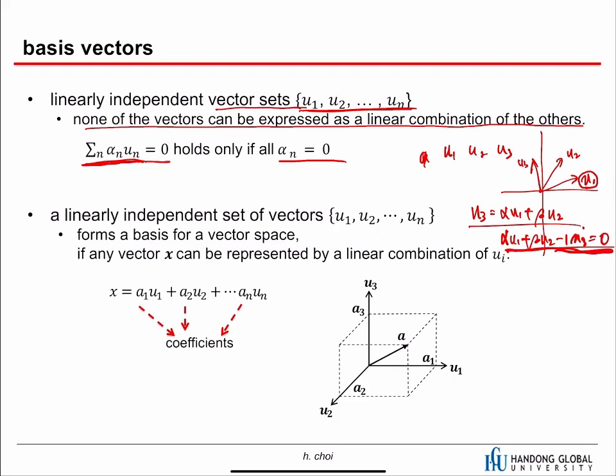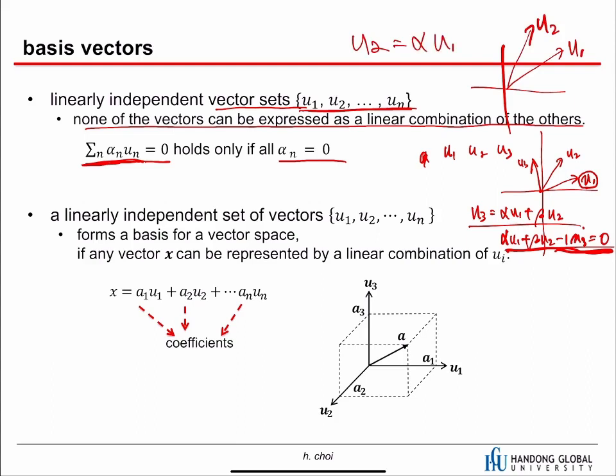But if we have linearly independent vectors in two-dimensional space, in this case we can have only 2 vectors. So in two-dimensional space we have u1 and u2. We cannot represent u2 as a weighted sum of u1.